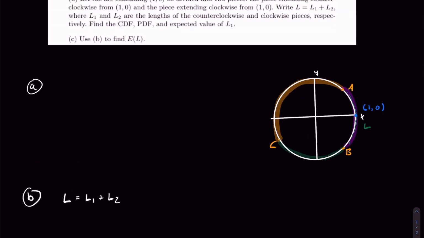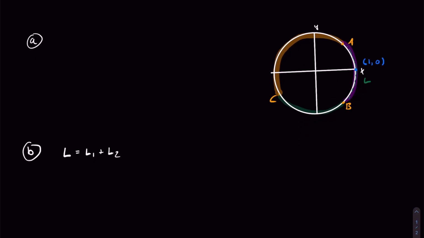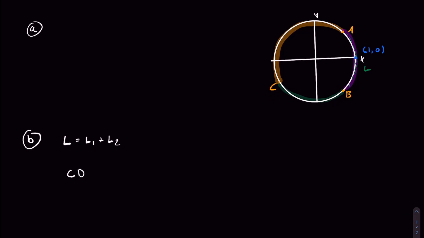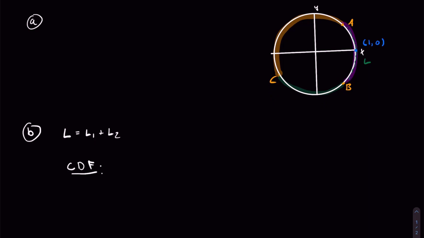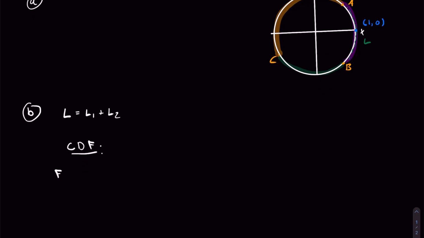Now let's start by thinking about the CDF of L1. The CDF of L1 should equal the probability that L1 is less than little x, where x goes between 0 and 2 pi.